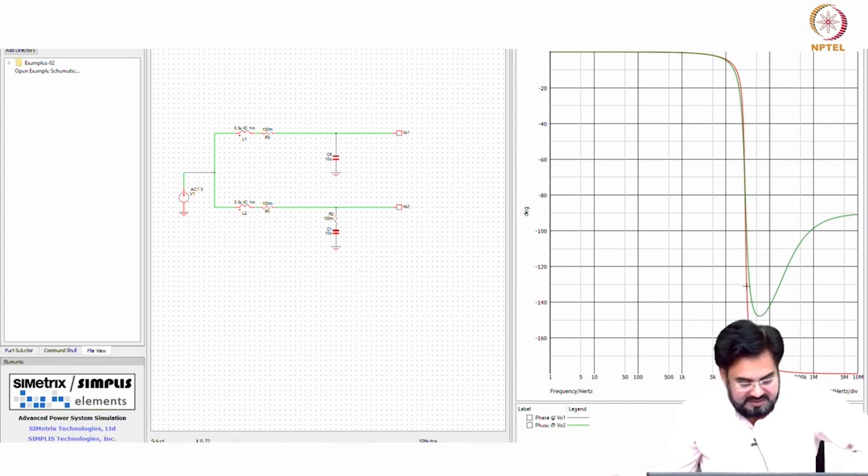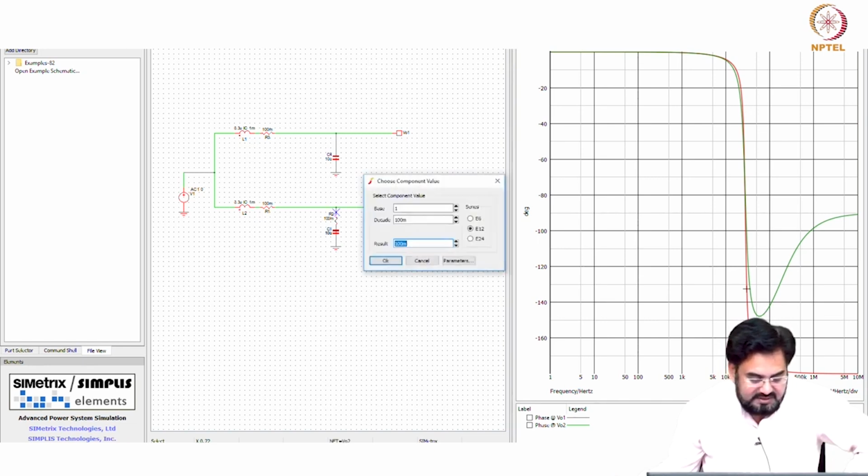Now, if I want to move this 0 to a lower frequency, what will happen? This phase boost will increase. Right now I am getting minus 142, so only 40 degrees away from 180. I want to boost this further, then I simply need to increase this.